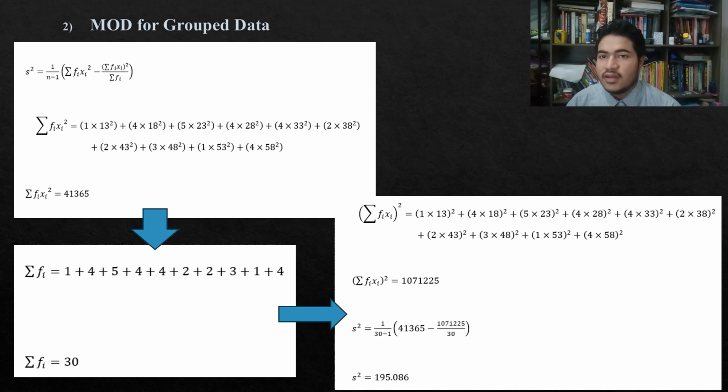For the third step, we find the bracket of the sum of the frequency times x squared, and we substitute all the values, and we got 1,075,225. And last, for the variance, we substitute all the values that we have calculated, and we got 195.086.